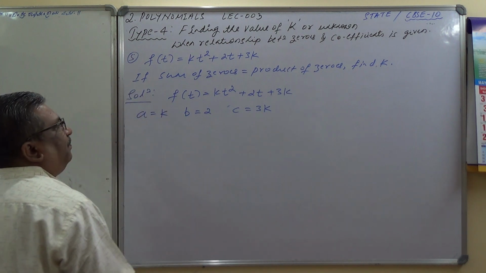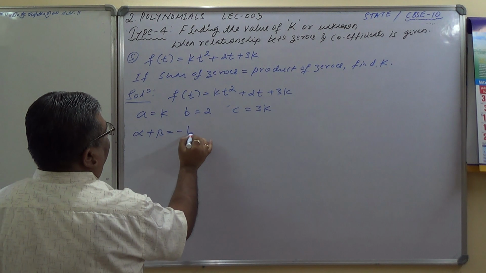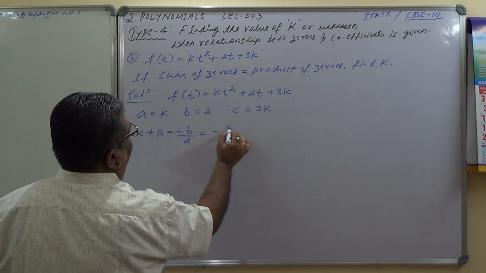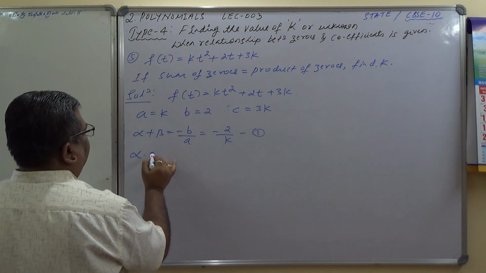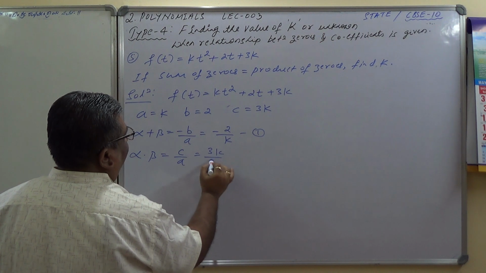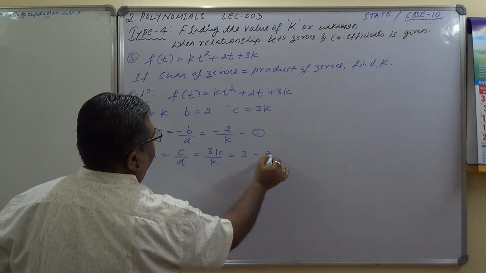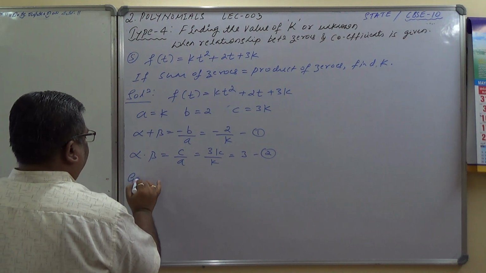Is it correct? Sum of zeros, alpha plus beta equals minus b by a, minus 2 by k. This is 1. Product of zeros, c by a, 3k by k, which is 3 here. This is 2.